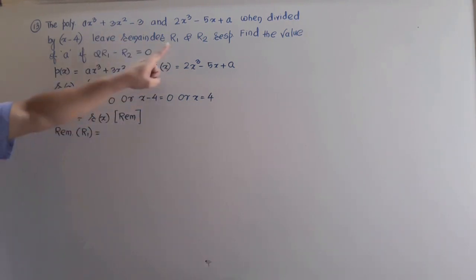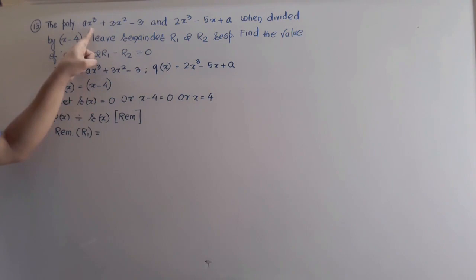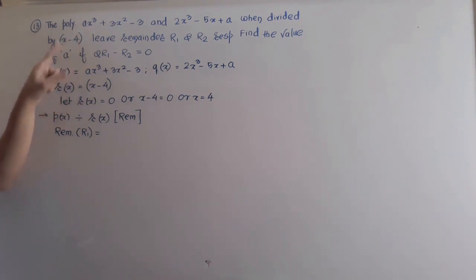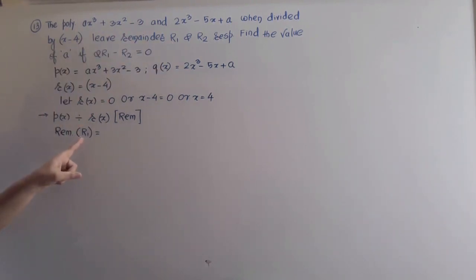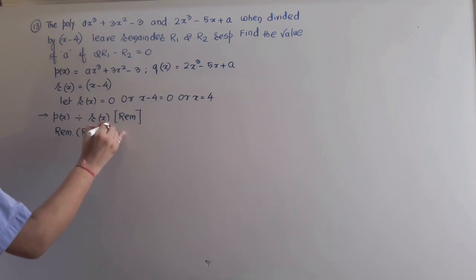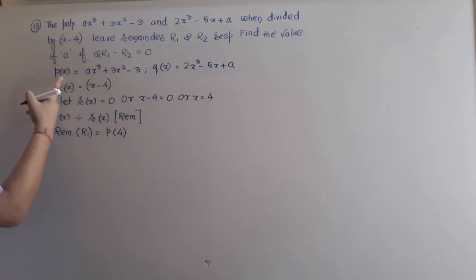So r1 is what we obtain when we divide this polynomial by this one. So when p of x is divided by r of x, the remainder is r1. So remainder r1 will be equal to p of 4, right? Because in p of x I will keep the value of x equal to 4.